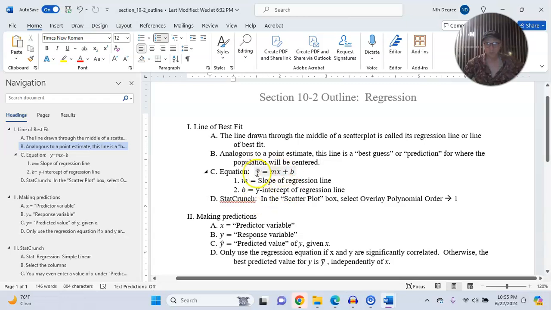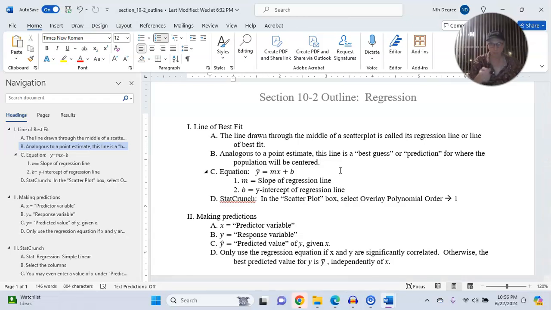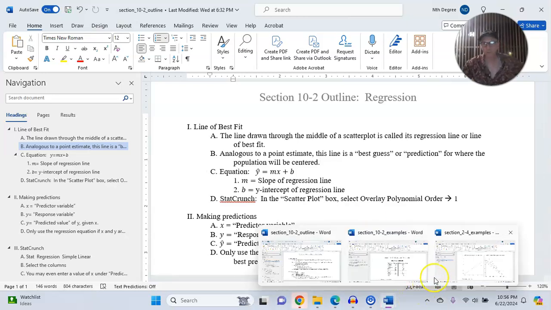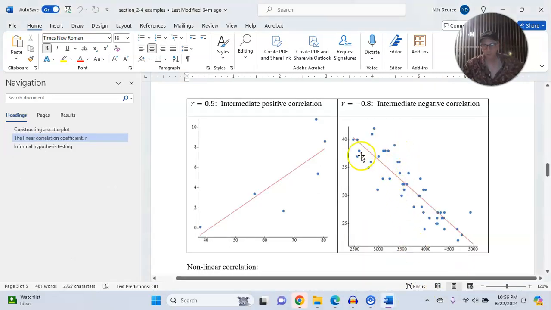Now, you might notice that this y has a hat on top of it. The hat is basically just a symbol for predicted, or the y value that you would see on this line, as opposed to the y value that you would see on one of these other points. For example, on this graph, if x is 3,500, then y hat is the height of that pink line right above that point.